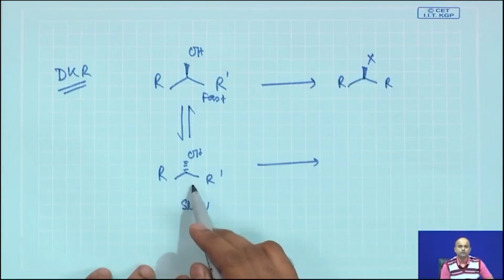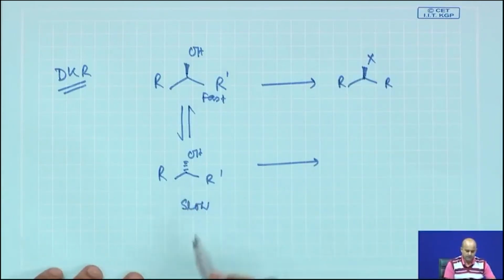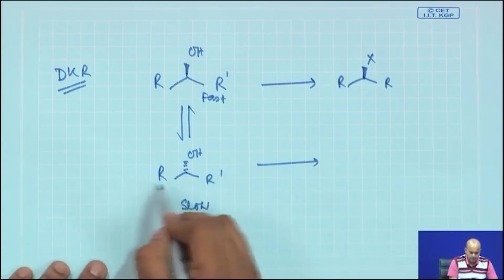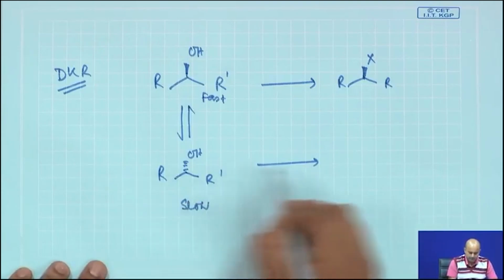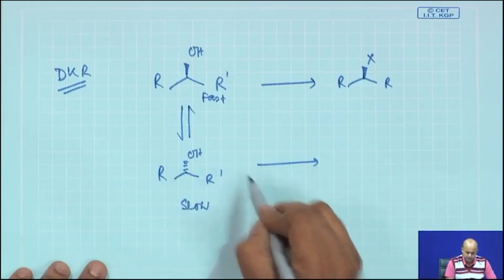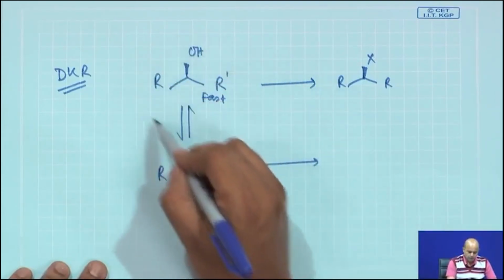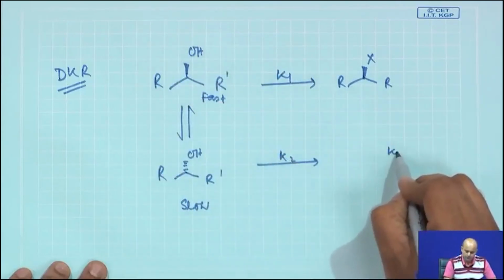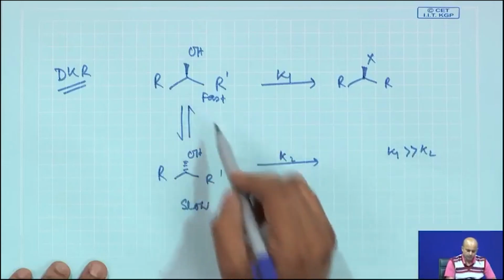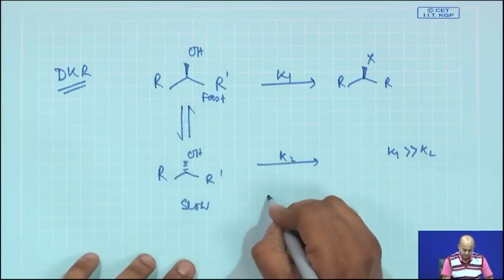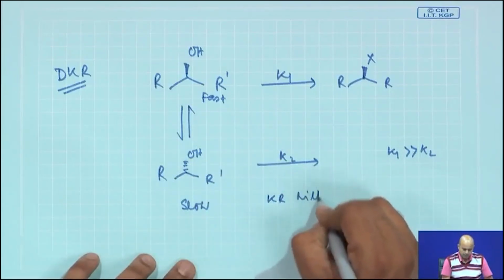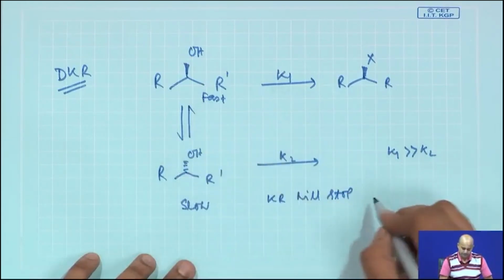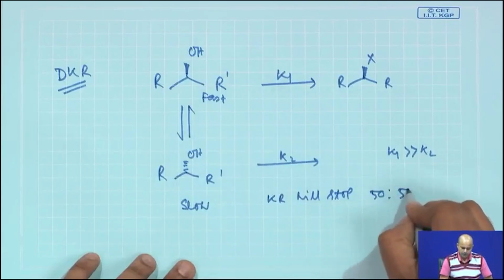Now, the slow reacting enantiomer remains in the reaction mixture. Now, if there is a possibility that the slow reacting enantiomer can instantly, so your kinetic resolution is taking place with K1, K2, we said K1 much greater than K2. So, kinetic resolution will stop when all the fast reacting enantiomer reacts. So, at 50-50 it will stop.